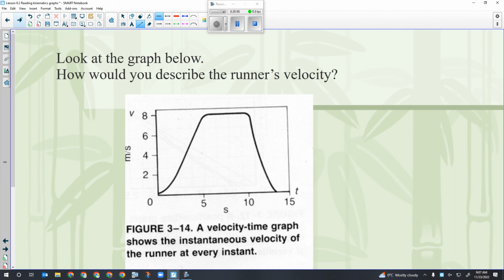What is this runner doing in, let's say, this part of the graph? They're accelerating. Because it clearly shows on that graph that their velocity is increasing. It goes from about 0 to about 8. Then what do they do?